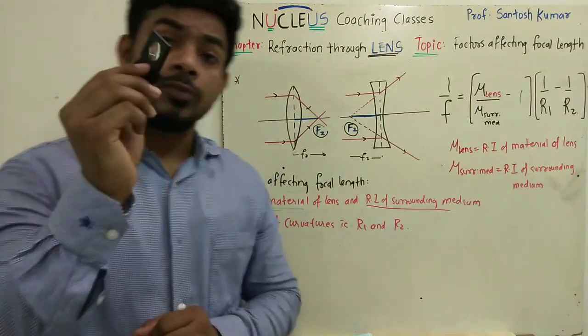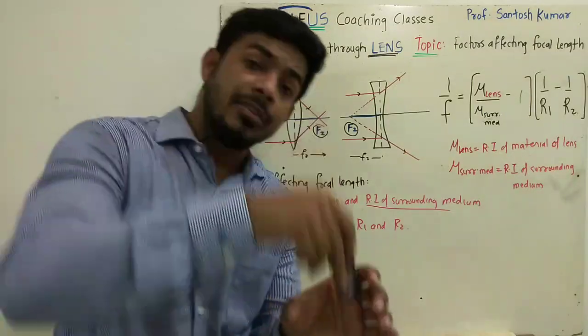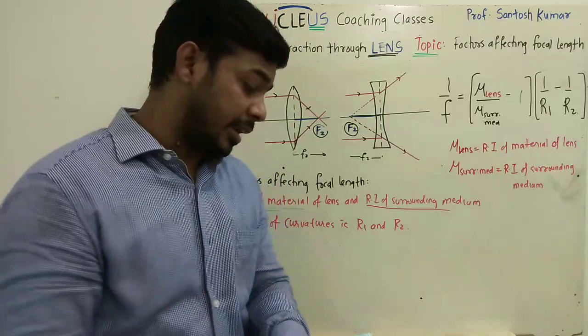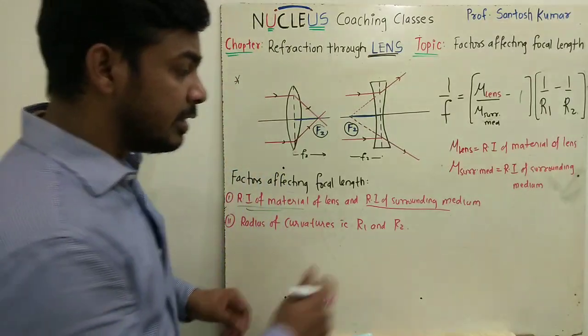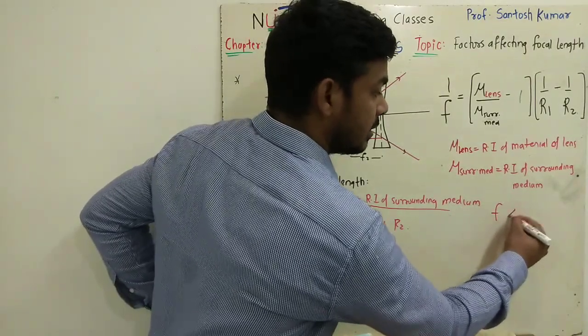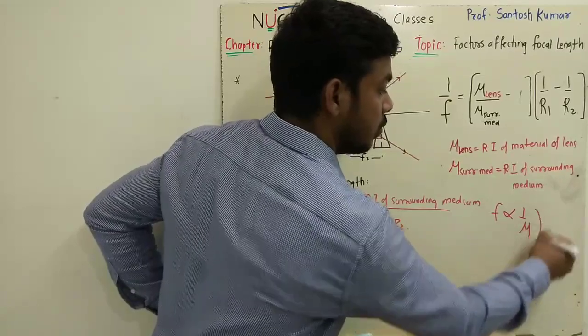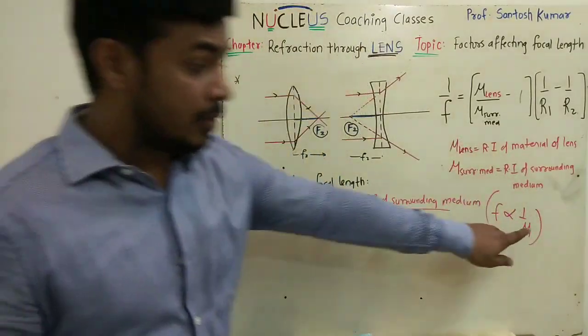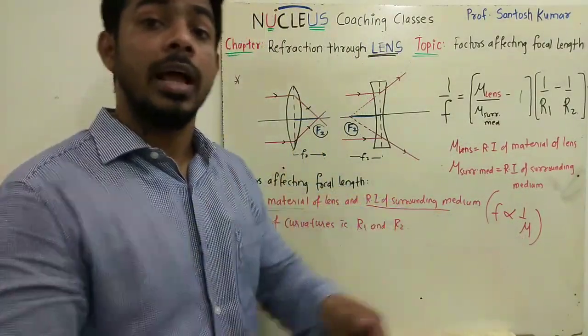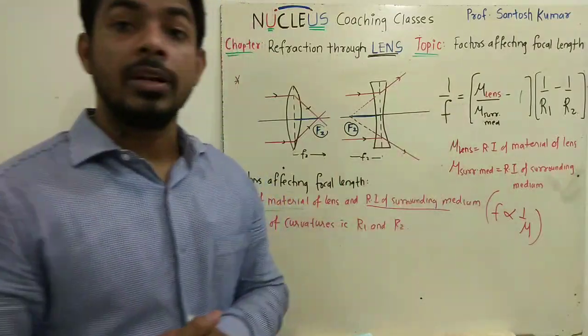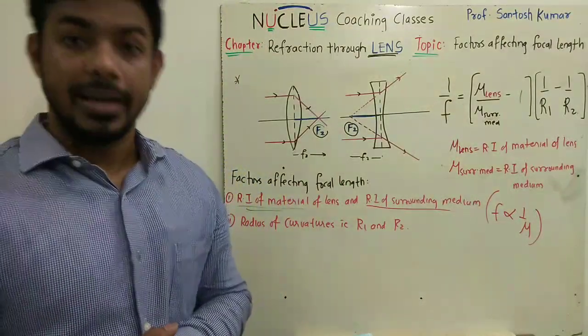So the focal length of the lens when kept in air and when immersed in water will be different. The focal length of a lens is inversely proportional to refractive index, whether it is relative or absolute.